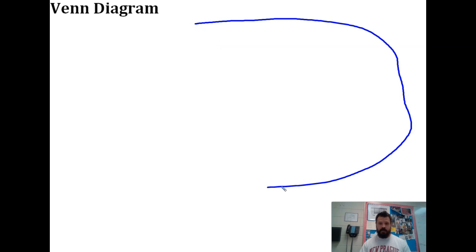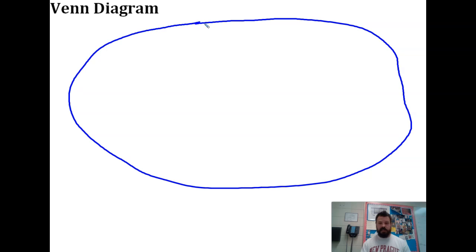Before we get into problem solving, let's diagram out the relationships we're dealing with here. We've made some Venn diagrams in class before, and they're great at showing how different geometric figures relate to each other, especially for these special types of parallelograms. Let's make a big blob that represents all parallelograms.